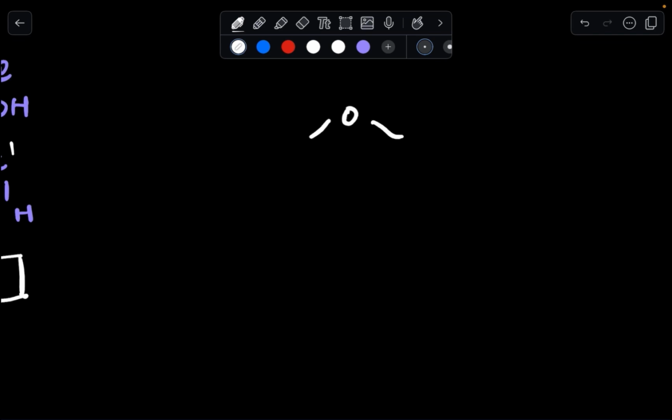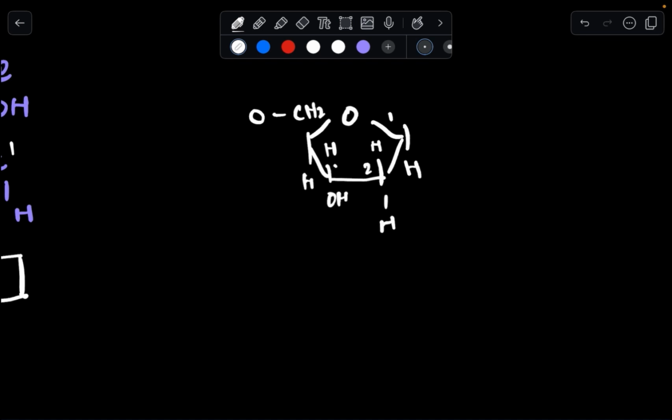So let's say we have this H and H, CH2, OH, OH and H. This is deoxyribose, with first, second, third, fourth and fifth carbon.